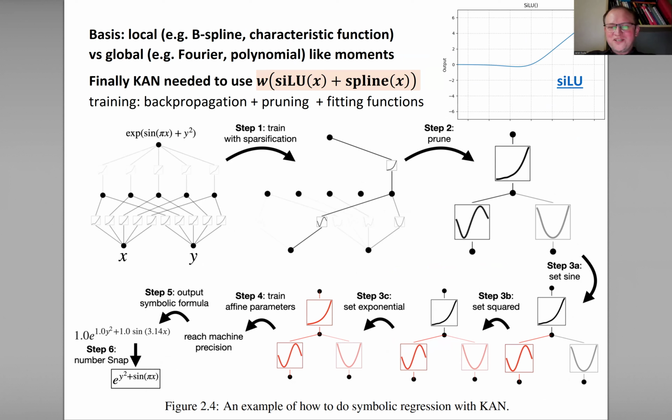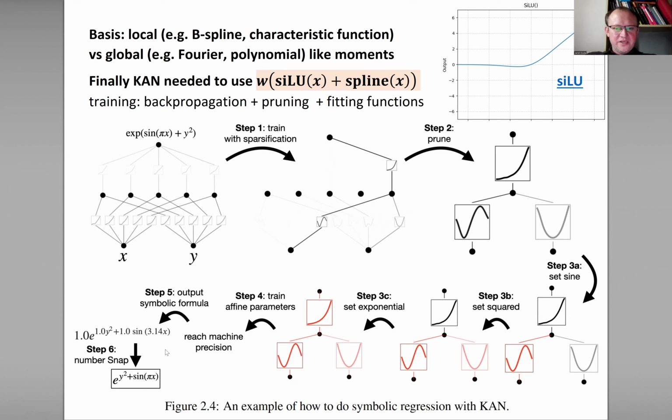You have to use these kinds of tricks, and they show that they have not only training but also sparsification, that is pruning, where you remove low-importance edges and nodes. Also, if they see some nice function like sine or exponent, they try to fit symbolic or relatively simple functions, so they finally get an expression. So we can see that it is nice for fitting expressions to data.